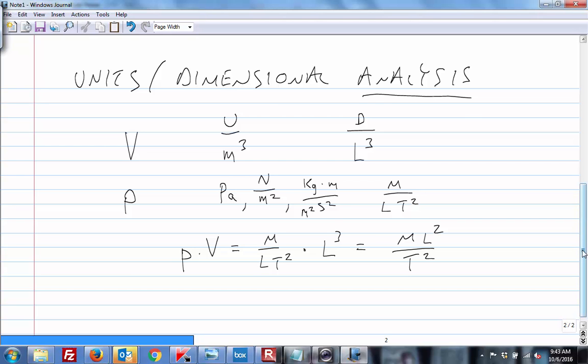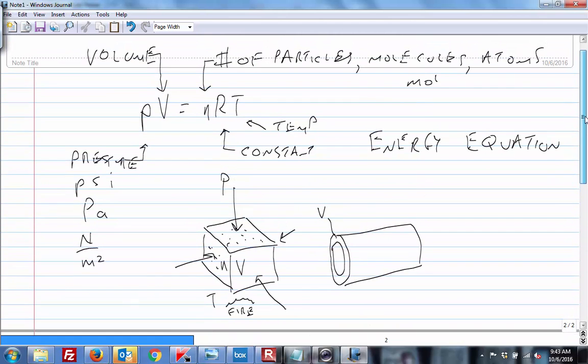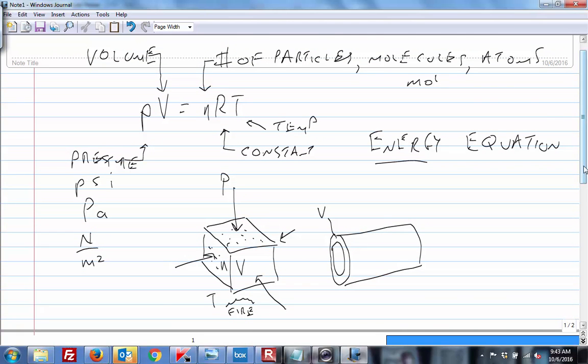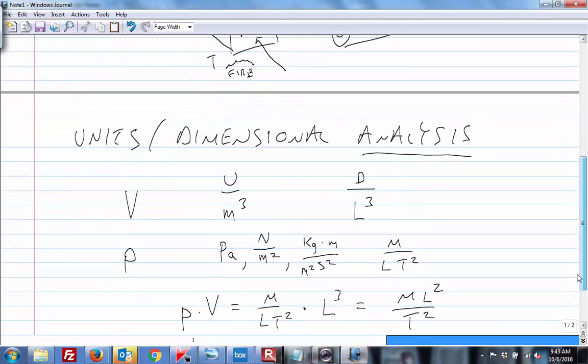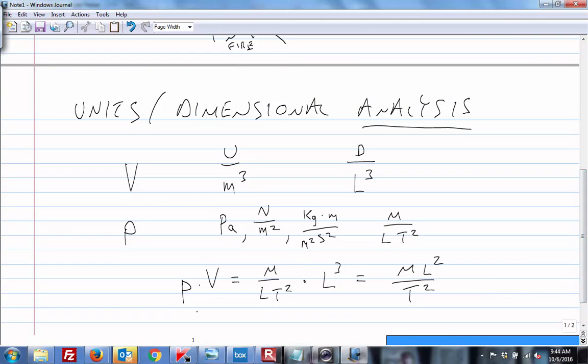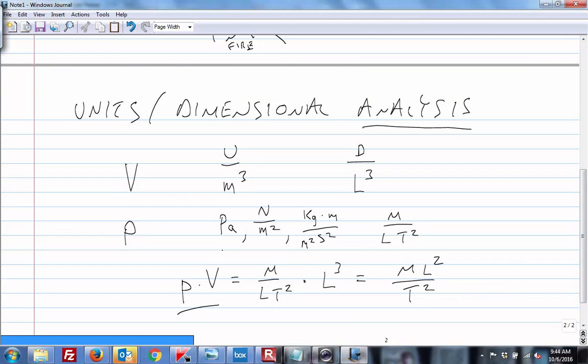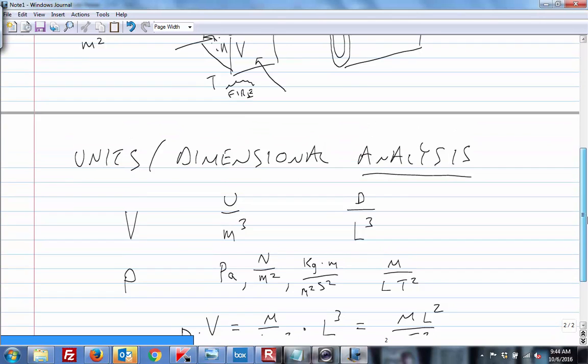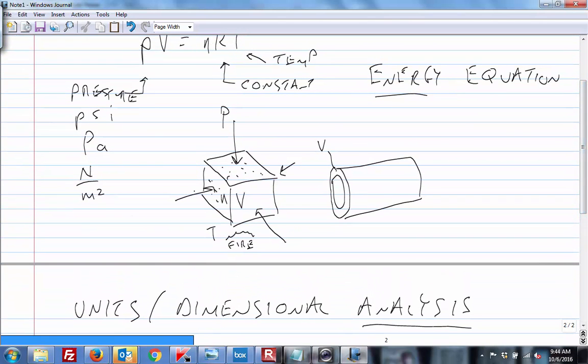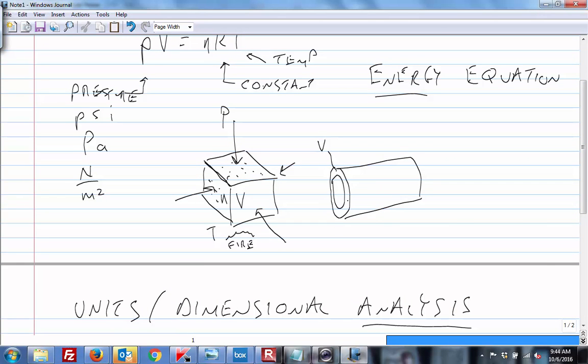So now getting back to this figure, I told you that this is an energy equation, and we just demonstrated that through dimensional analysis, that pressure times volume has the same dimensions as energy. So when you look at this little box of air, or this tube of air and gas, you can see that the harder I push on it, the more energy I'm putting in.